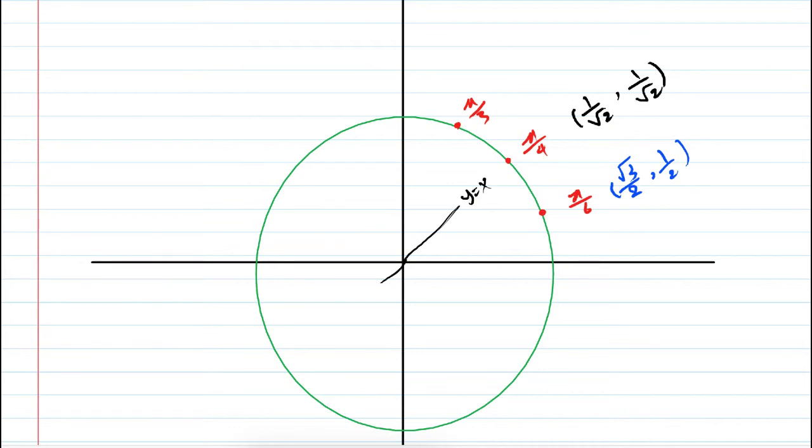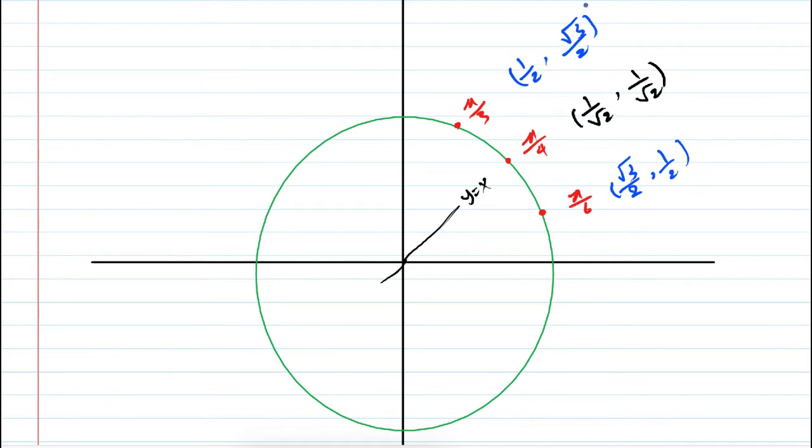And the coordinate of the terminal point will be the same thing, the square root of 3 over 2 and 1 over 2, however reflected around the line y equaling x. That means I'm going to interchange the domain and range. Therefore, I'll have 1 over 2 as x and the square root of 3 over 2 as y.